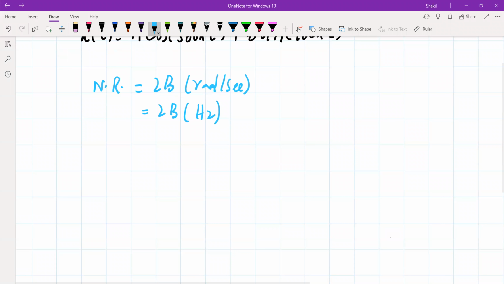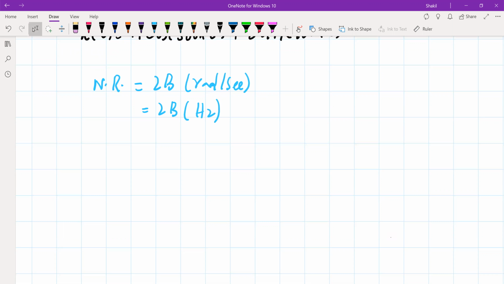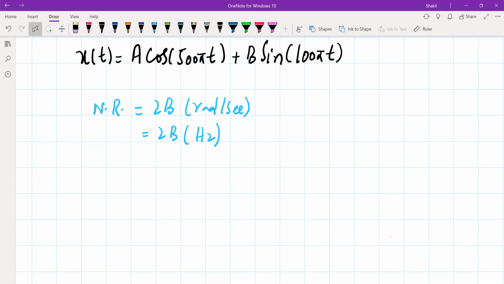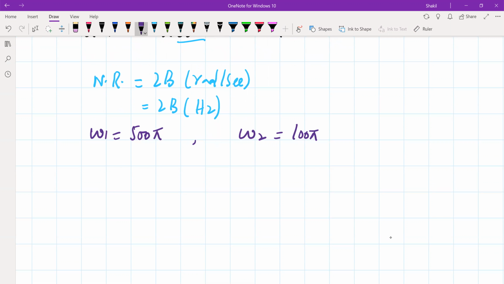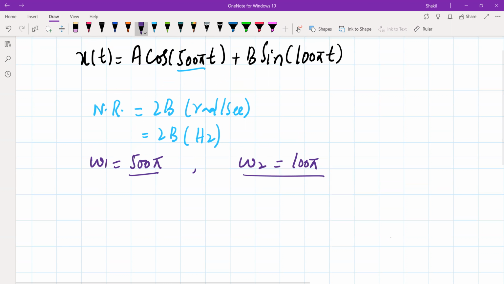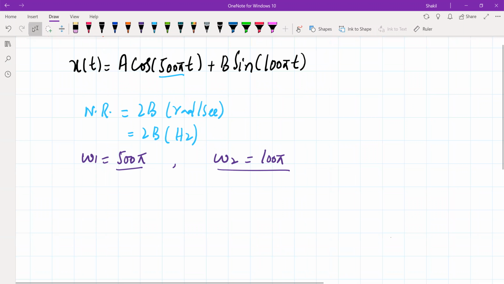The frequency component of the first term is omega 1, which is 500 pi, and omega 2 is 100 pi. Omega 1 is higher, so this will decide the Nyquist rate.